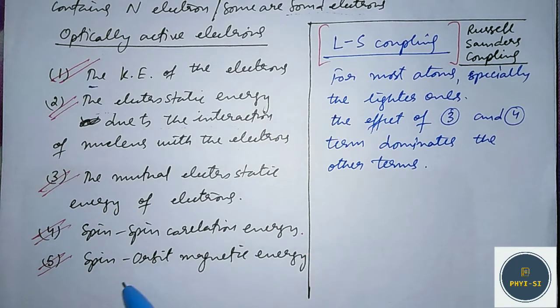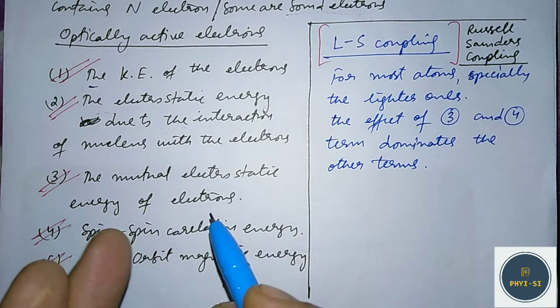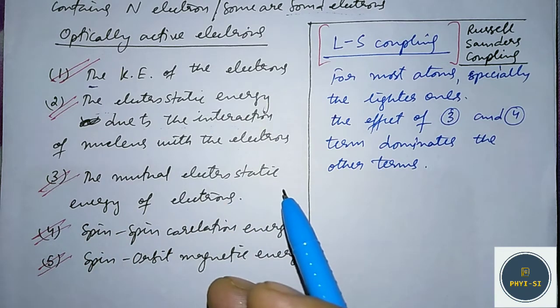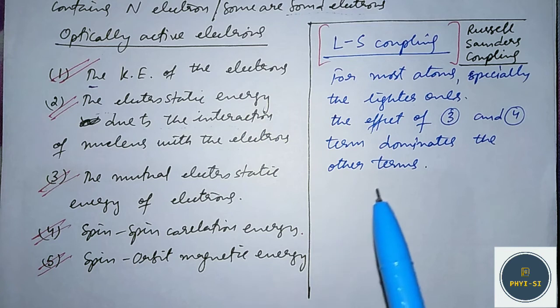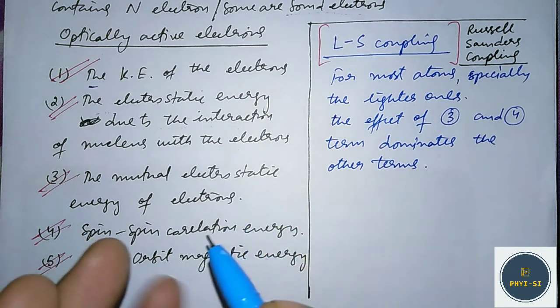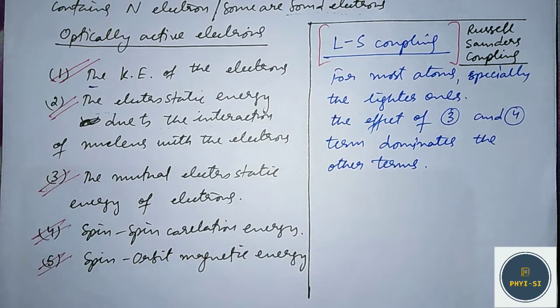And the last thing is the spin-orbit magnetic energy. The spin and the orbital magnetic moment can interact with each other, due to which the energy can increase or decrease.